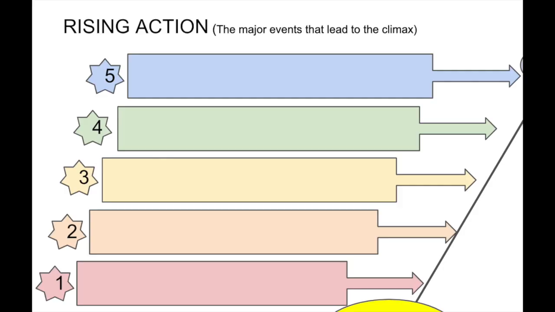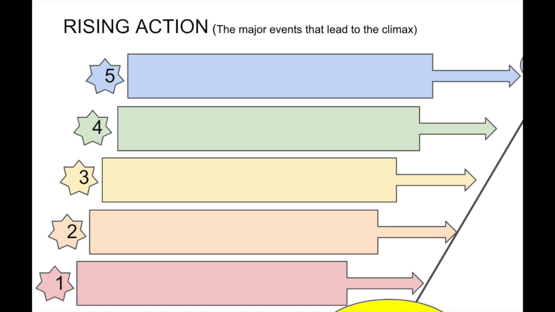Now, the next thing I want you to look at is rising action. And those are the different colored bars that are going up the left-hand side. Those are the beginning actions, beginning conflicts that we see in the book, that rising tension.